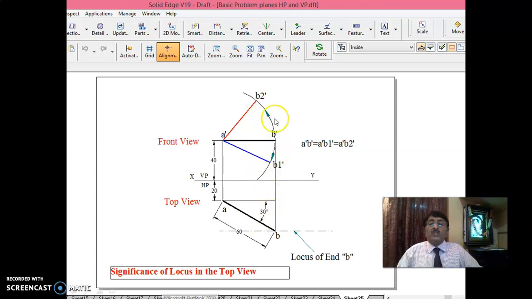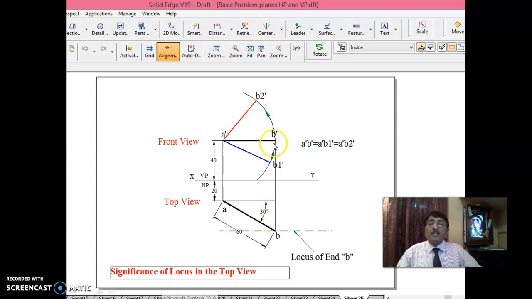Throughout this, the inclination to VP is 30 degrees only. Can you understand? Throughout this, when you rotate the line, here it is anyway parallel to VP. In this position, it is parallel to VP. Once you do this way, it is not only inclined to VP, but inclined to HP also. But inclination to VP is 30 degrees only.